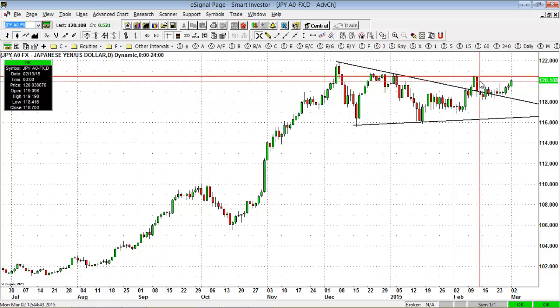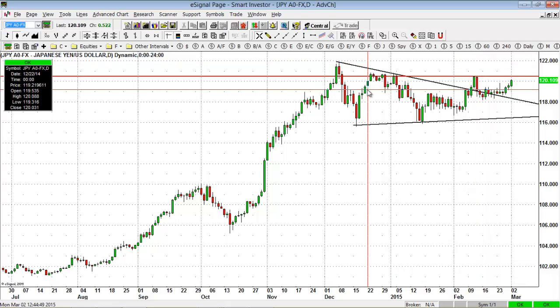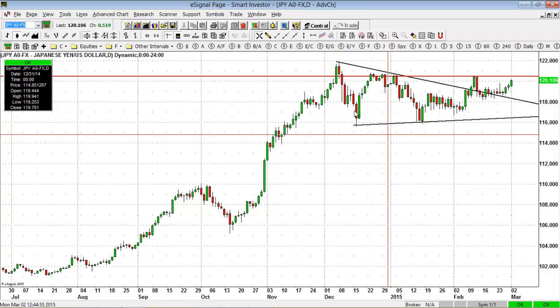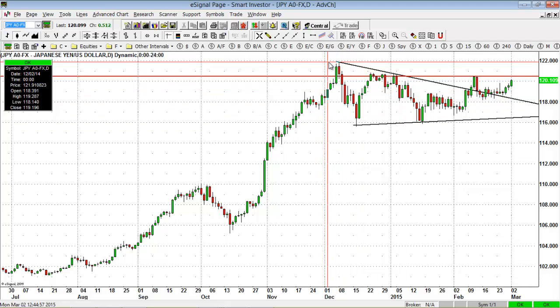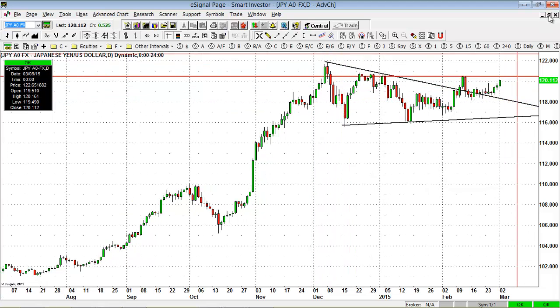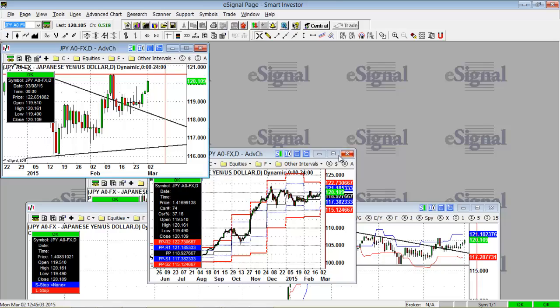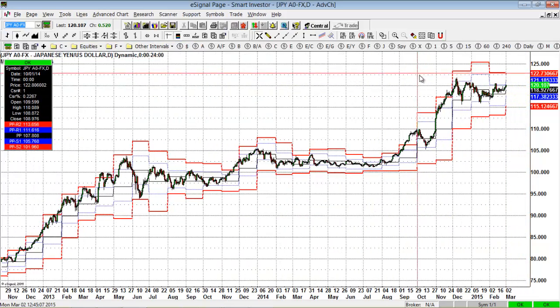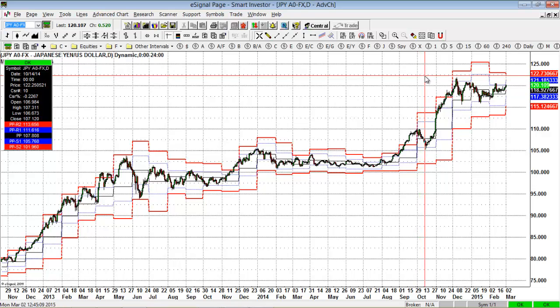If the market does break above this area, we could see a retest of the 122. Well, this high is at 121.84 high. So we could see a retest of the 121.84 high. Taking a look at the pivot points quickly, we see that the monthly S2 is at 122.73.